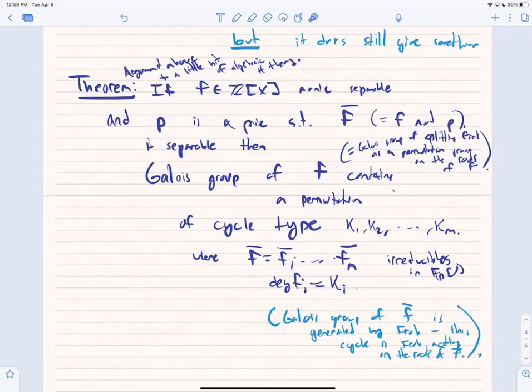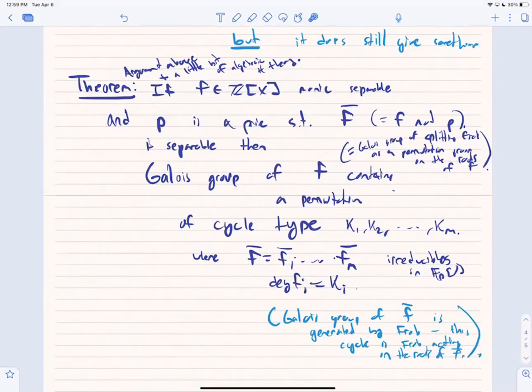This is an easy exercise in Galois theory over a finite field: if you take the Galois group of a polynomial over a finite field, Frobenius just acts by this type of cycle. Okay, so the algebraic number theory that you need is then the fact that you can lift the Frobenius automorphism in characteristic p to some automorphism in characteristic 0.